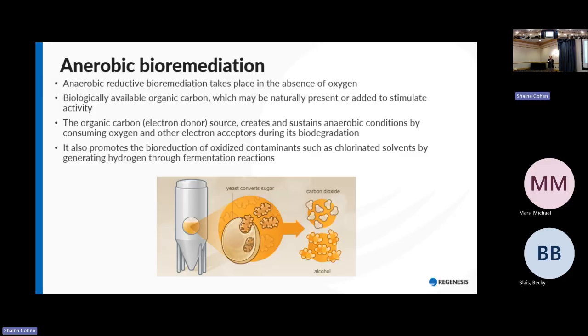That organic carbon source, or the electron donor here, creates and sustains these anaerobic conditions that are needed for these bacteria to perform these processes. They consume the oxygen and the other electron acceptors during its biodegradation itself. So ultimately, what we're doing here is encouraging that bioreduction of our chlorinated, these oxidized contaminants, by generating hydrogen through the fermentation of these organic carbon sources.